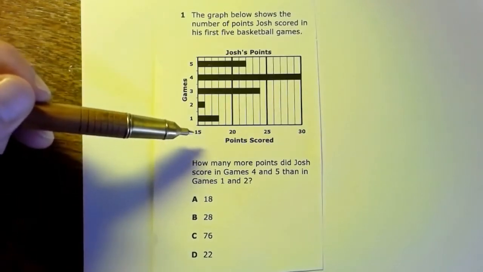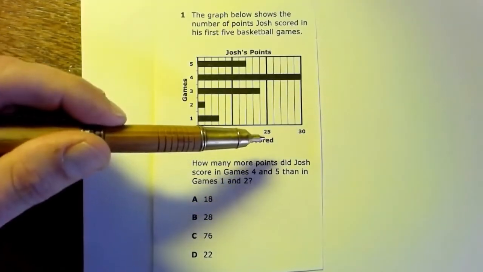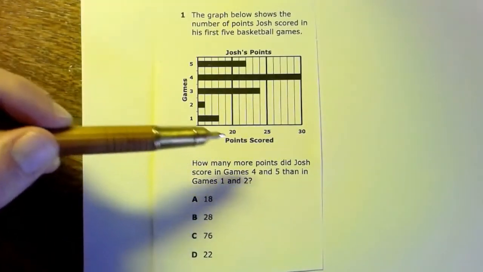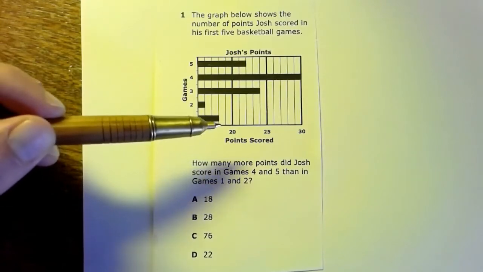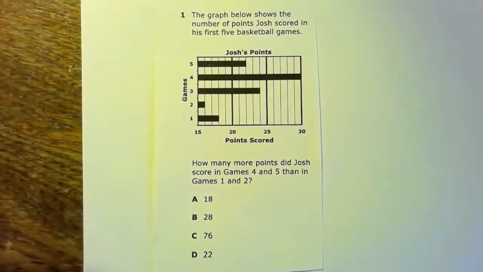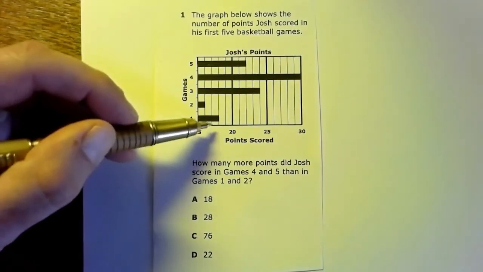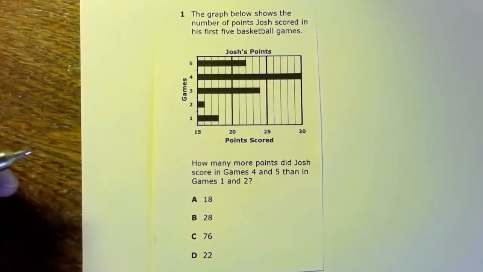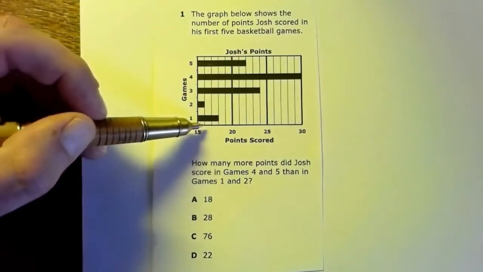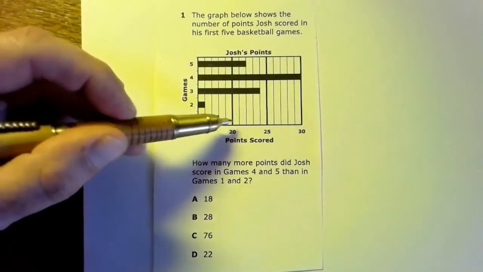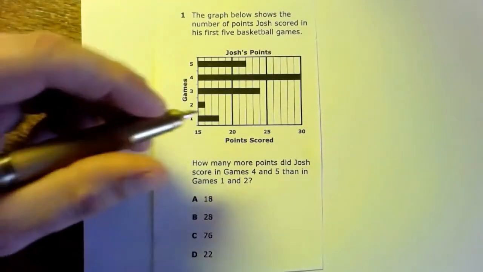I see here that I have 15, 20, 25, and 30, but then I have the lines in between. So the first thing I have to do before I am ready to solve this problem is figure out what each line represents for measurements. So I have 1, 2, 3, 4. It looks like it's counting by ones.